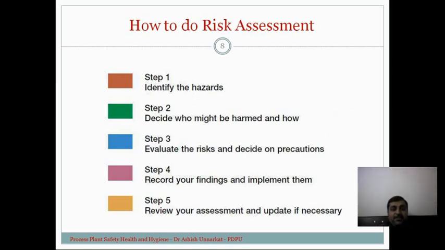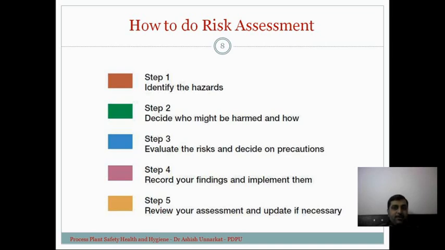So there are 5 steps in which this risk assessment study has to be done. The very first step is to identify the hazards. The second step goes on to deciding what might be harmed and how.